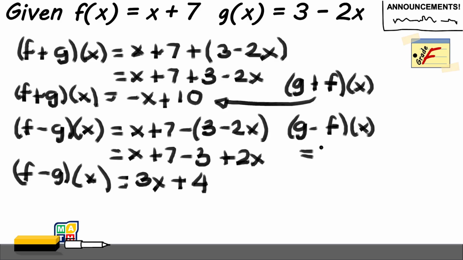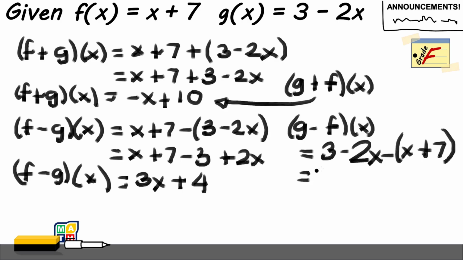So if we are going to start with g of x, you have 3 minus 2x minus your entire f of x, which is x plus 7, again considering the grouping symbol. So you'll be having the expression 3 minus 2x, and you'll be changing the signs here. The positive x will become minus x, and the positive 7 will become minus 7.